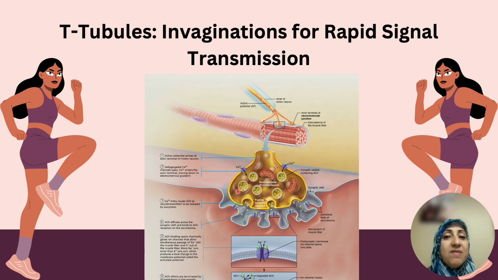Calcium release happens when the action potential in the T-tubule causes a voltage-sensitive protein to change shape, opening calcium release channels in the SR. The influx of calcium into the cytosol initiates the sliding of myofilaments, leading to muscle contraction.